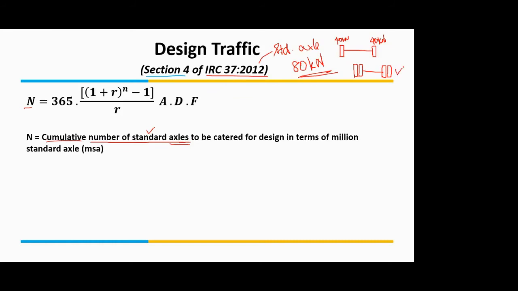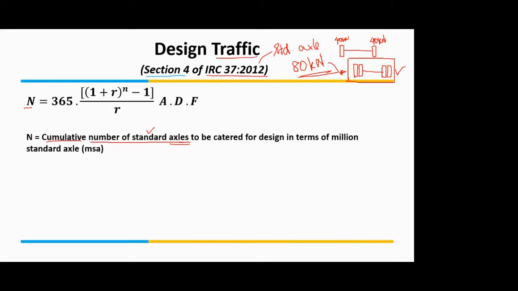We call this a single axle but dual tire assembly. This is considered a standard axle as far as the Indian standards are concerned, and this is considered as 80 kilonewton.